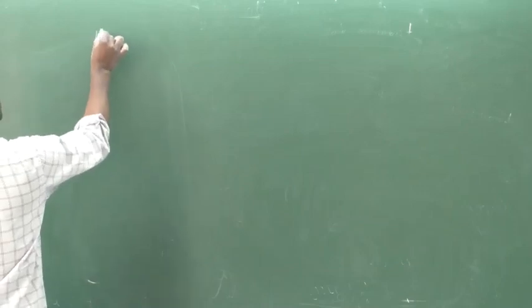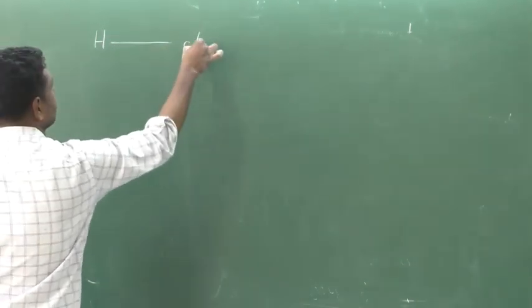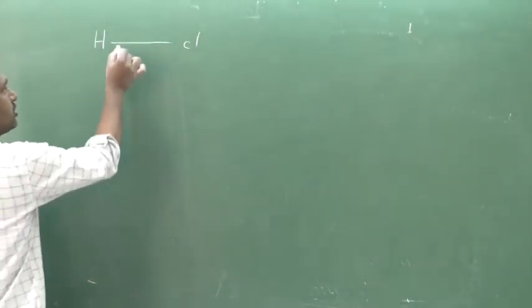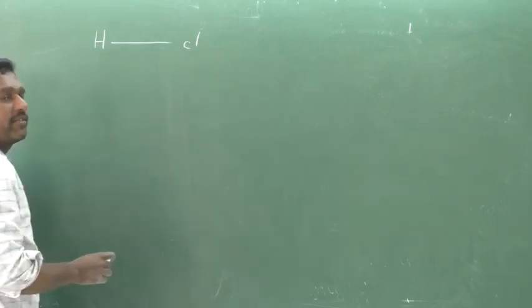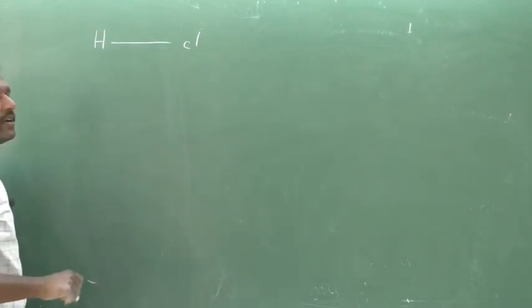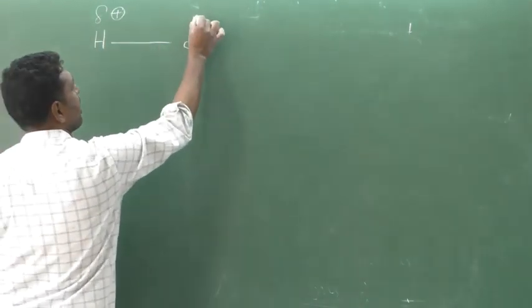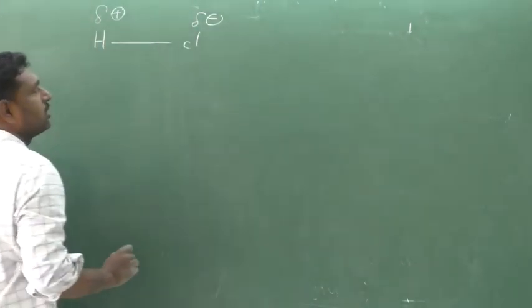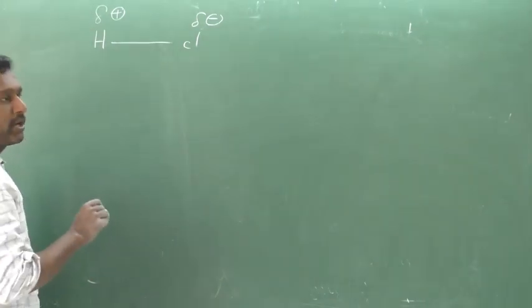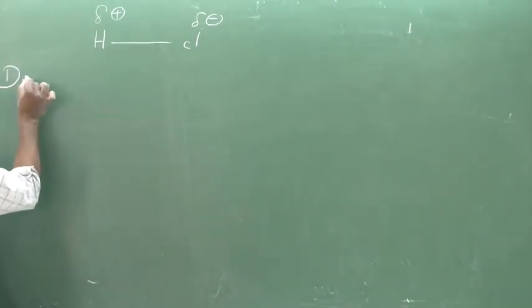Take any molecule, HCl. One atom has high electronegativity and the other has low electronegativity. Therefore one gains a positive charge and the other gains a negative charge. Now we will discuss dipole moment.